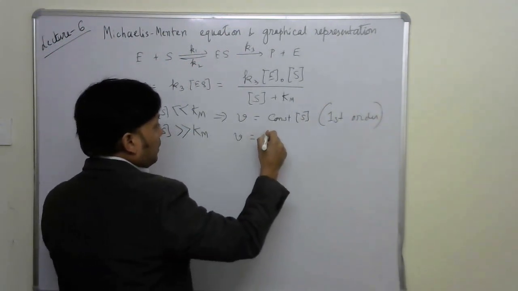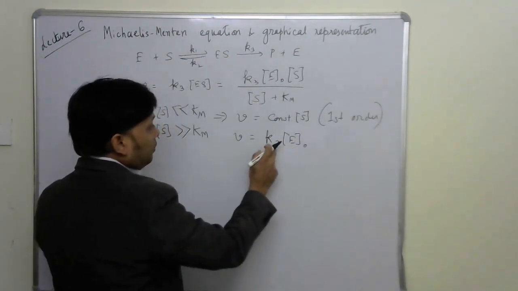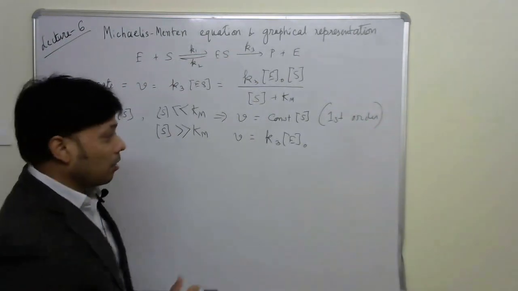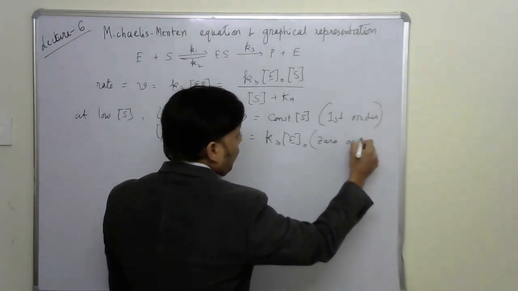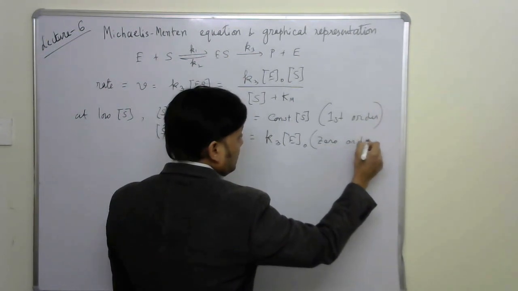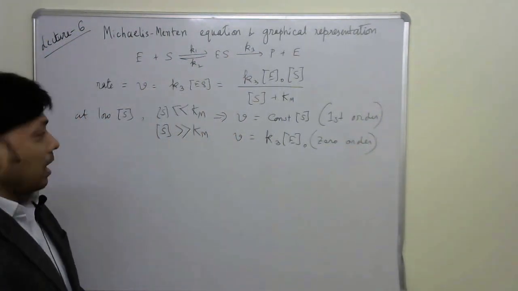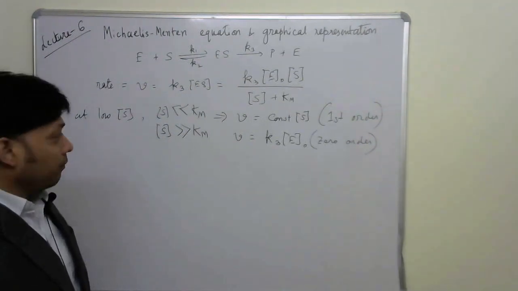So the velocity becomes a constant, because K3 is a constant and E naught, the initial concentration of enzyme, is also a constant. Therefore this enzyme catalysis follows zero order kinetics.